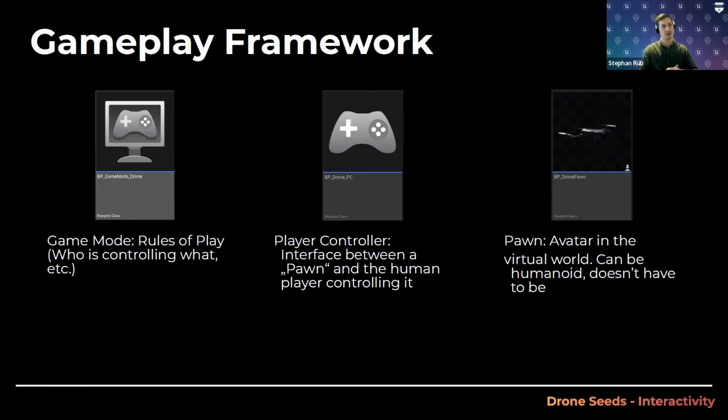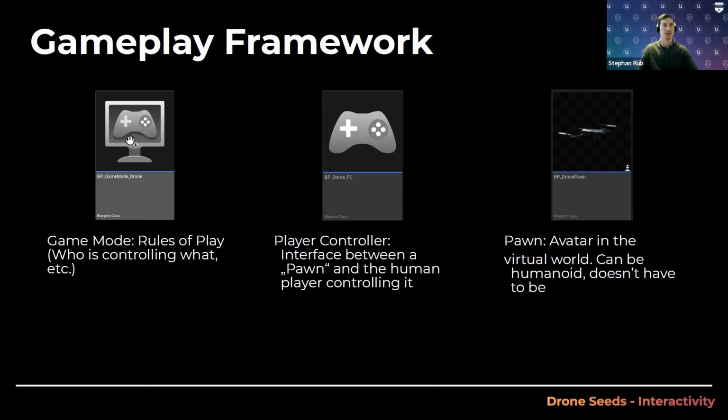You also talk about the gameplay framework there, but you're not using that specifically because we are talking about a cinematic aspect there. The gameplay framework is much more than only these three things that I'm showing you here, but those are the most basic ones that you might want to look at if you're trying to create your first interactive prototype inside of Unreal.